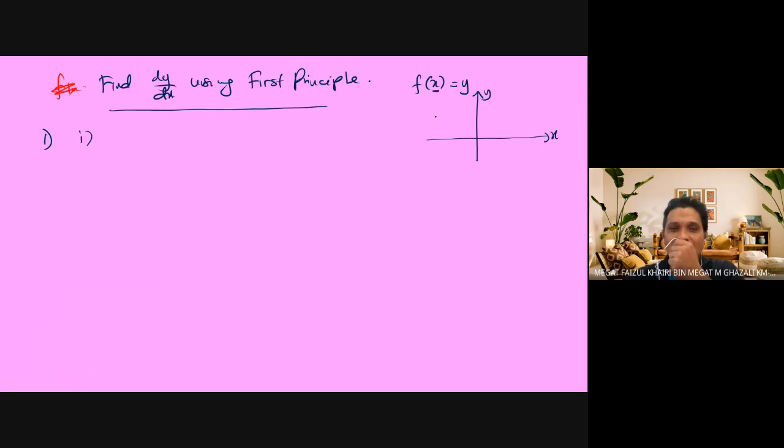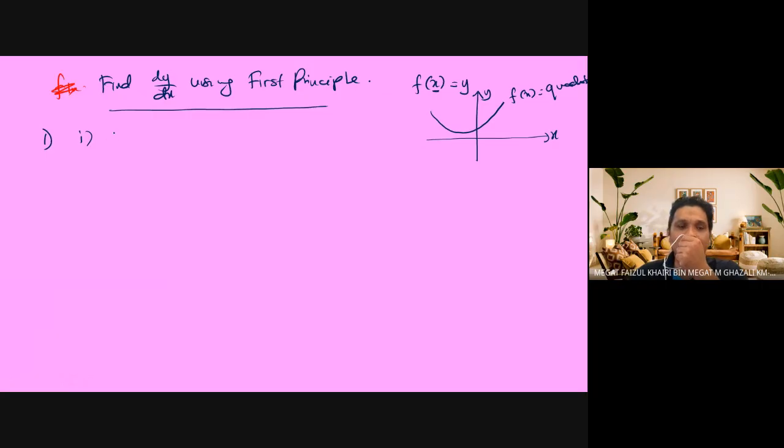Then we will get some shape of the graph, might be something like this. So this f(x) represents a quadratic, with x squared, the highest degree of x equal to 2.